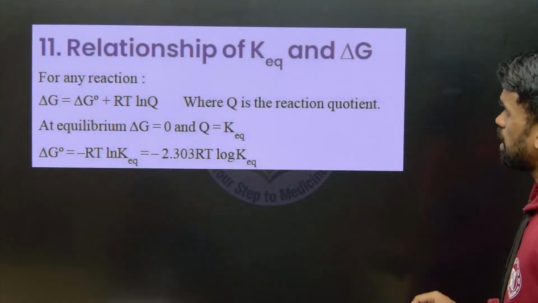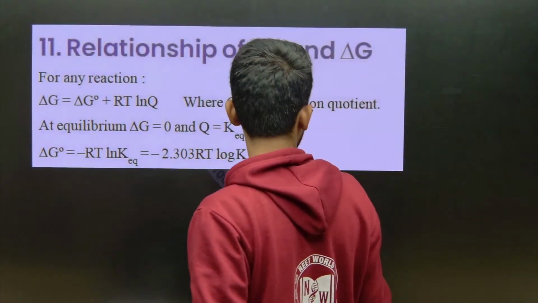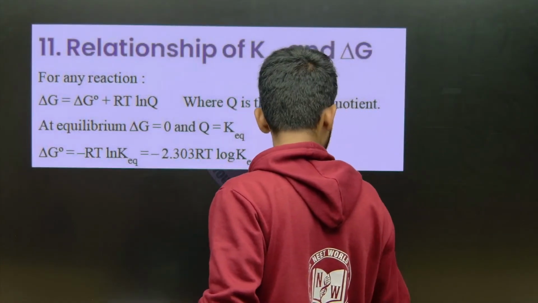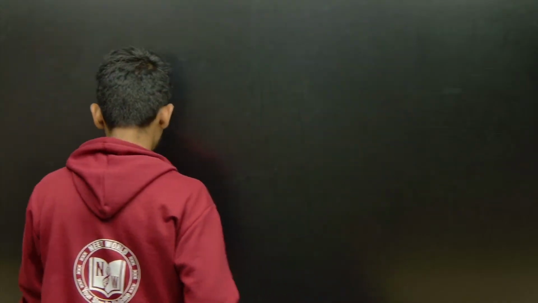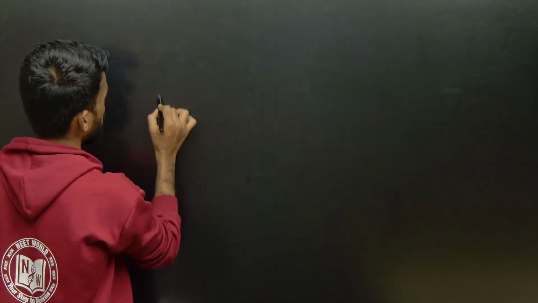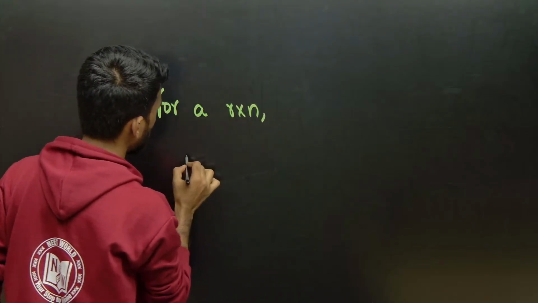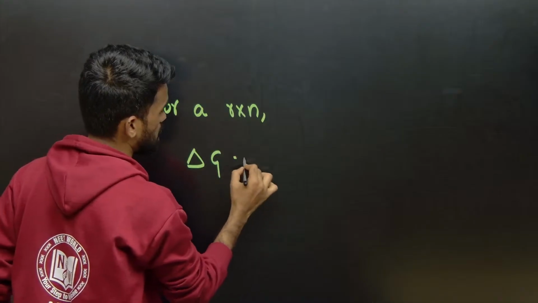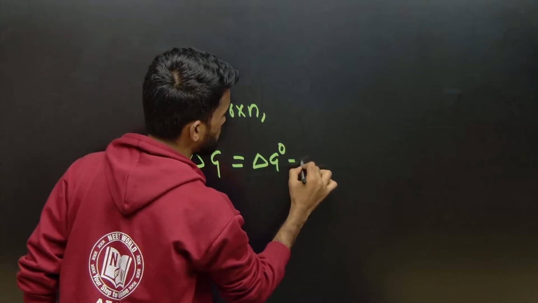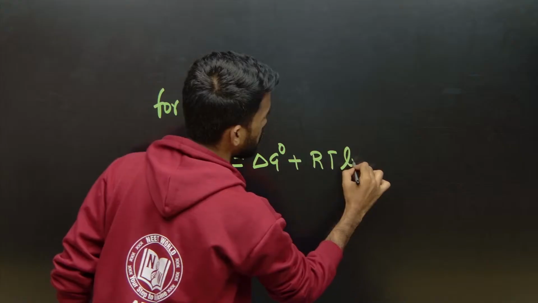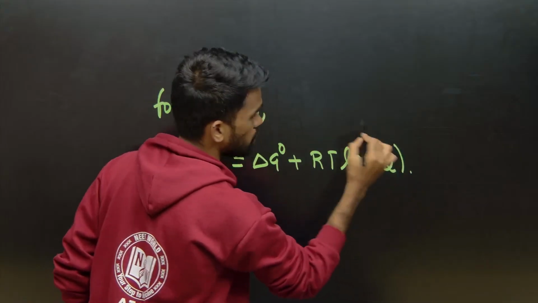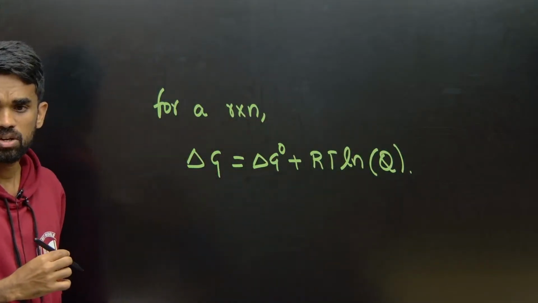Now we have the relationship between delta G and K equilibrium. For a reaction, we have the thermodynamic relation delta G equals delta G naught plus RT ln Q, where Q is the reaction quotient.